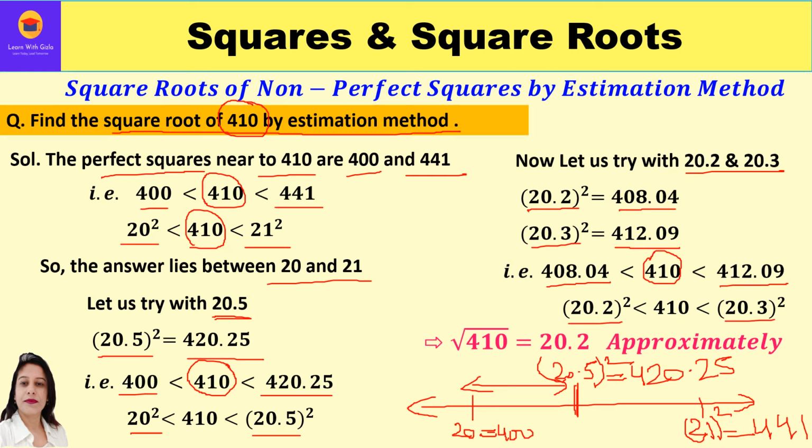Now closest to it is 20.2 square, right? So we can say the square root of 410 is 20.2 approximately, because closer to 410 we have 408.04, which is closer than 412.09. So the answer is 20.2.